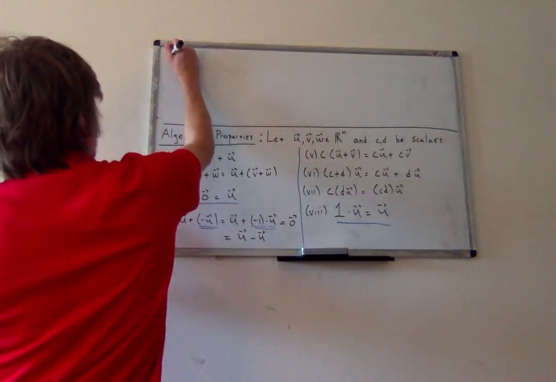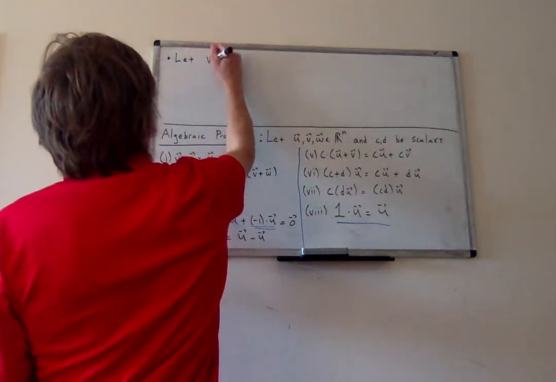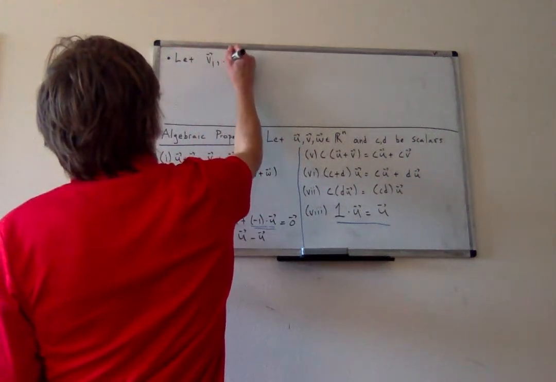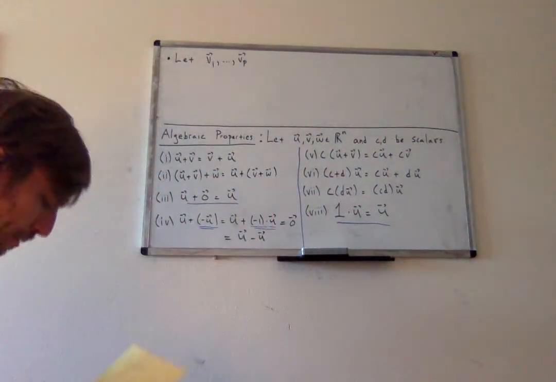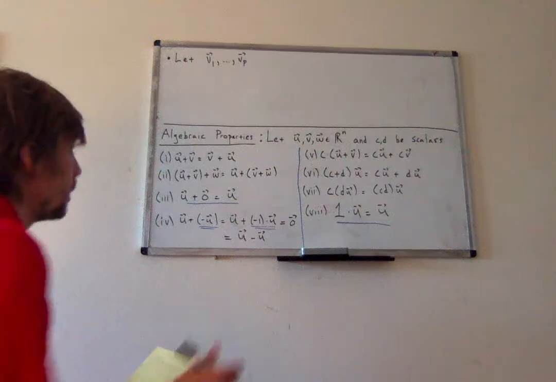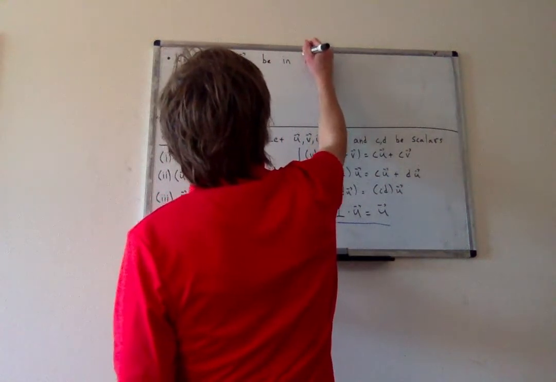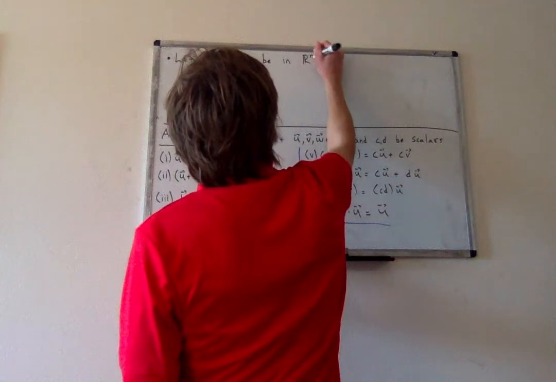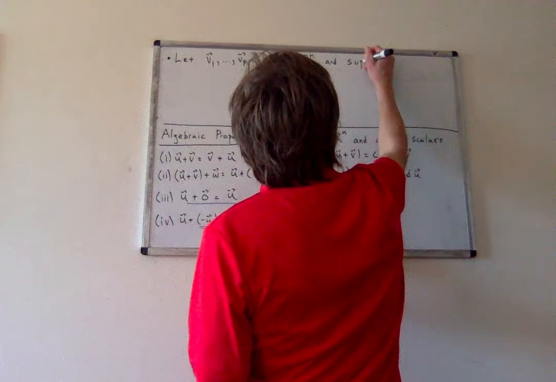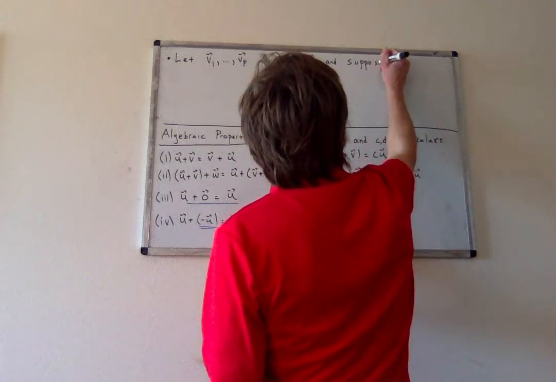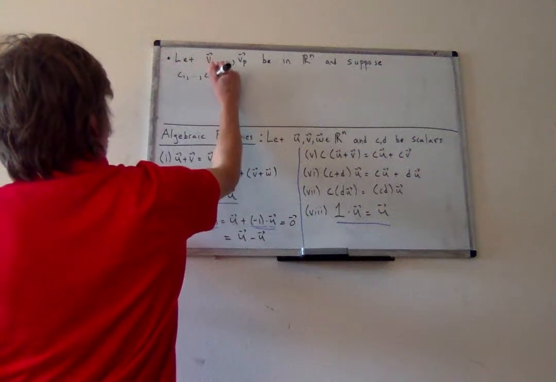All right, so sort of switching gears now. Let's say I had a set of p vectors, v1 through vp, in Rn. So these are all vectors of length n. And suppose I had scalars c1 through cp.